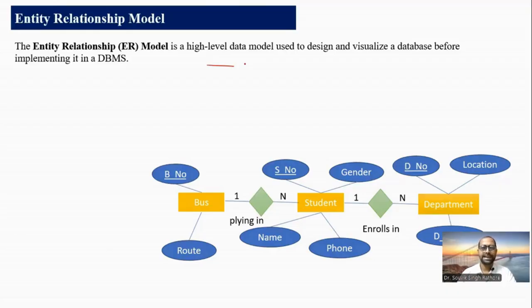Can the developer directly jump into creating tables or writing SQL queries? No, not really. Before building the database, they first need a blueprint that shows what information needs to be stored, how different pieces of information are connected, and which data belongs together. The ER model provides exactly that blueprint.